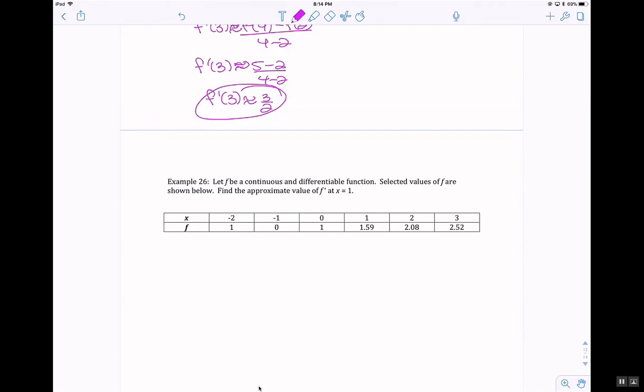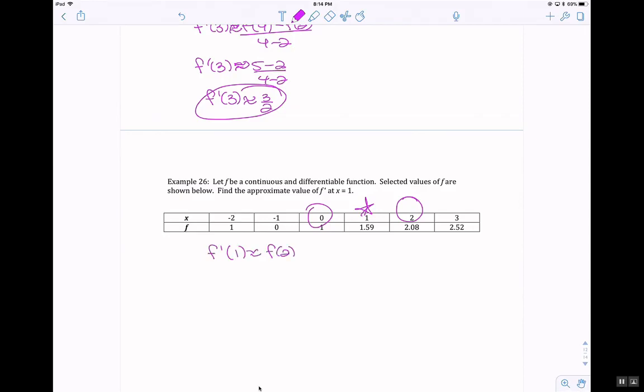So, 26. Let f be a continuous and differentiable function. Selected values of f are shown below. Find the approximate value of f prime at x equals 1. So I look where x equals 1, and I want to sandwich between 0 and 2.